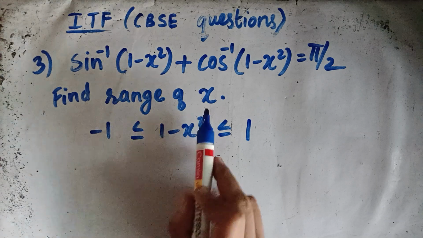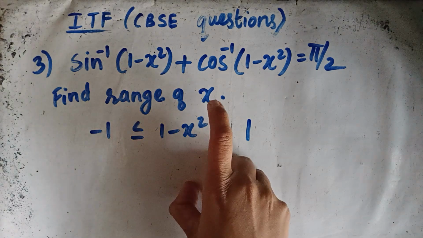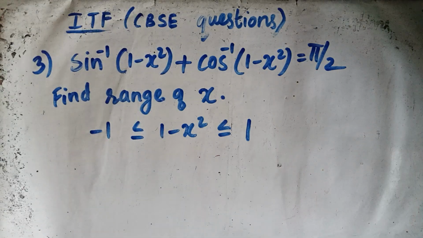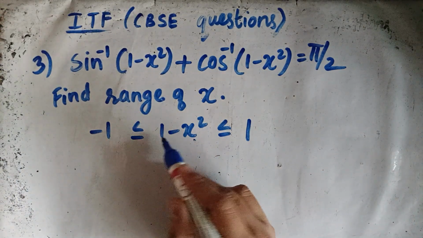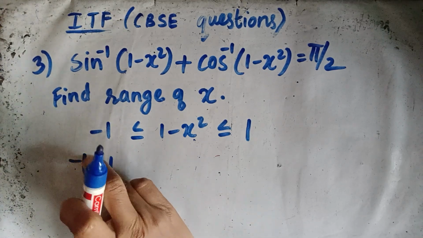So we have to find the range of x. This is not that range, okay? That is the domain and range kind of thing. You have to find in which interval x belongs. So we can remove this 1 by subtracting 1.